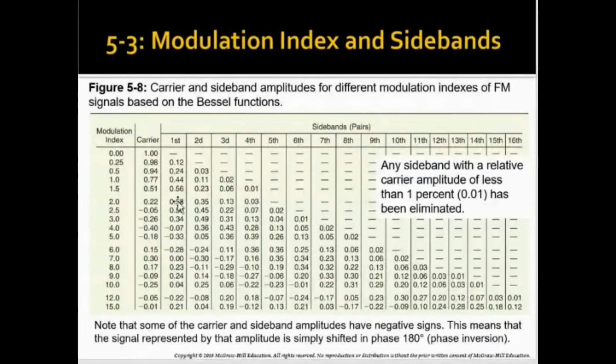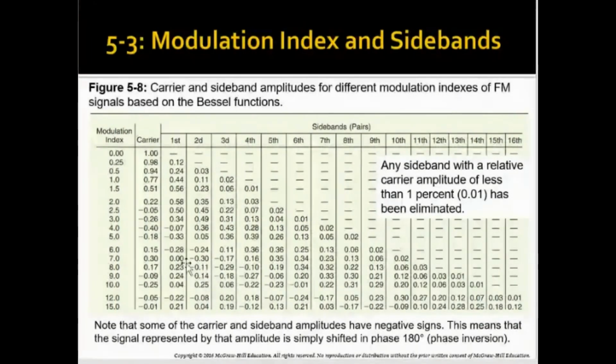So when we want to calculate FM, to know the sideband amplitude or the bandwidth, we need to refer to this table. Note that some of the carrier and sideband amplitudes have negative signs.